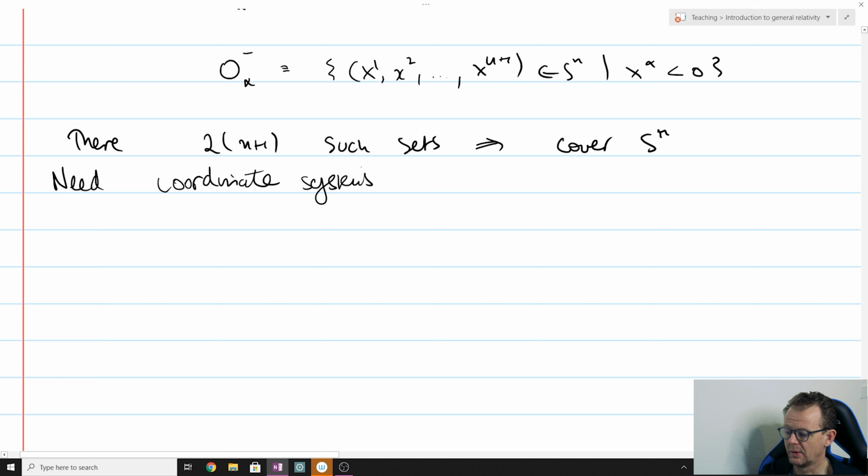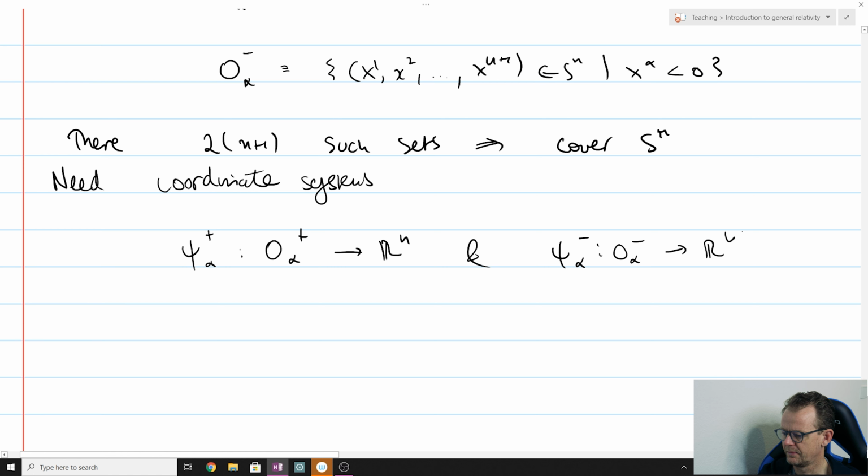And these are specified by maps from these subsets to Euclidean space. So we define the corresponding charts psi alpha plus, which goes from O alpha plus to Rn, and psi alpha minus, that goes from O alpha minus to Rn.